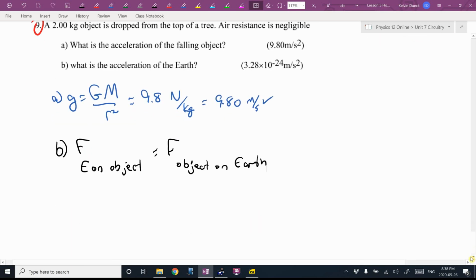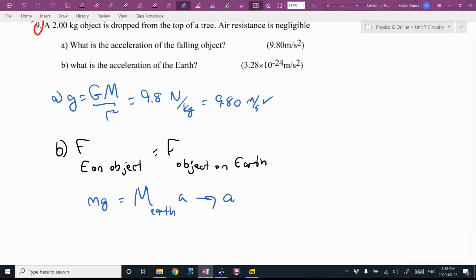The force of the Earth on the object is pretty easy to calculate. That's going to be little mg. And that's going to be big M, mass of the Earth, A. So the acceleration that the Earth is going to, because the Earth is going to accelerate, it will experience a force.